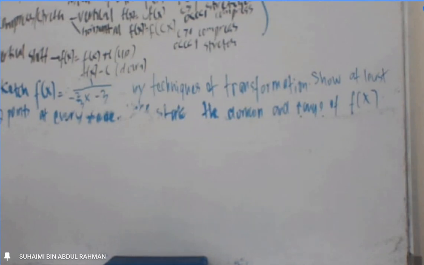The function that we want to sketch is 1 over minus 2 over 3 over 3x minus 3.